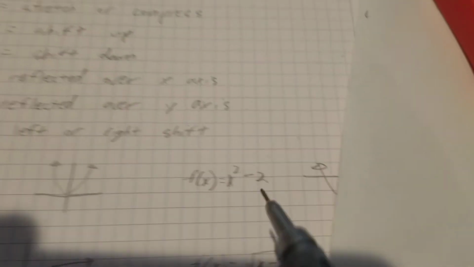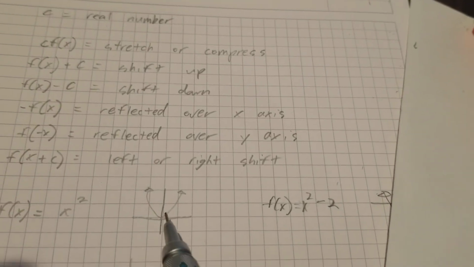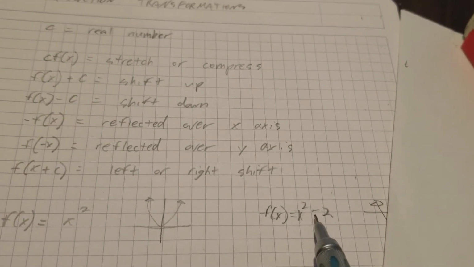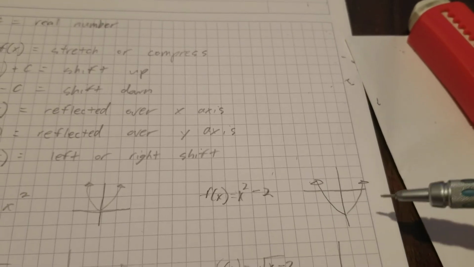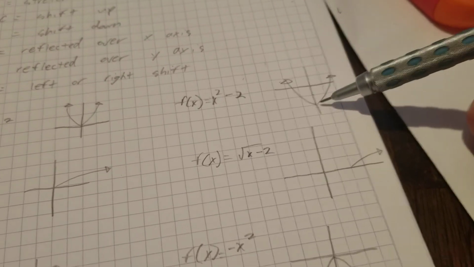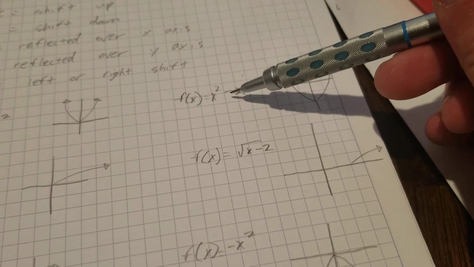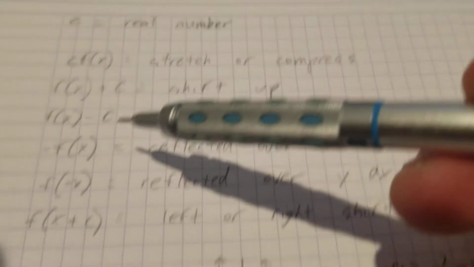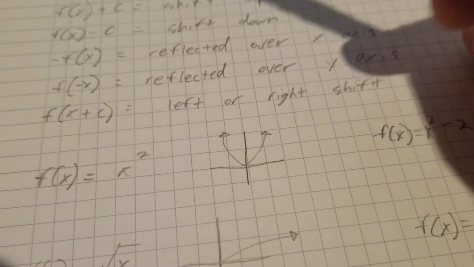So we're going to transform this by subtracting 2. We shift it down 1, 2. And so that is this one. If we would have added 2, it would have gone the other way.